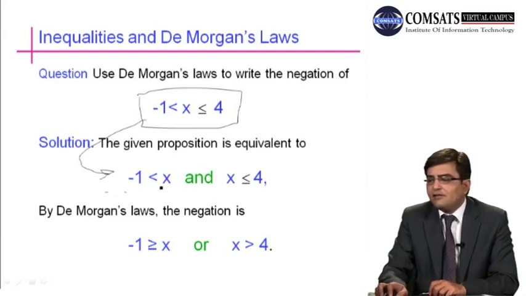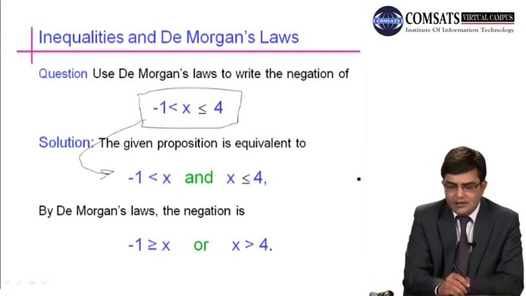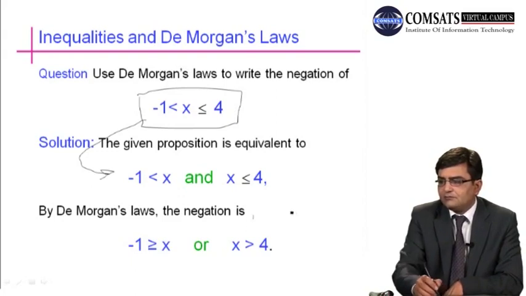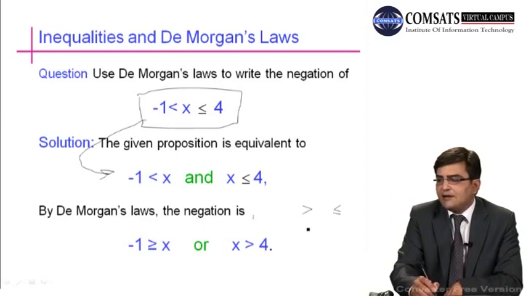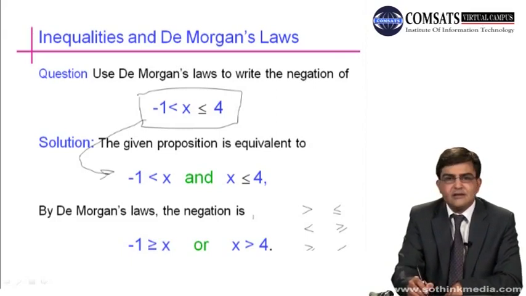We know that in mathematics, the negation of greater than is less than or equal to, and the negation of less than is greater than or equal to. Similarly, the negation of greater than or equal to will be less than, and the negation of less than or equal to will be greater than.